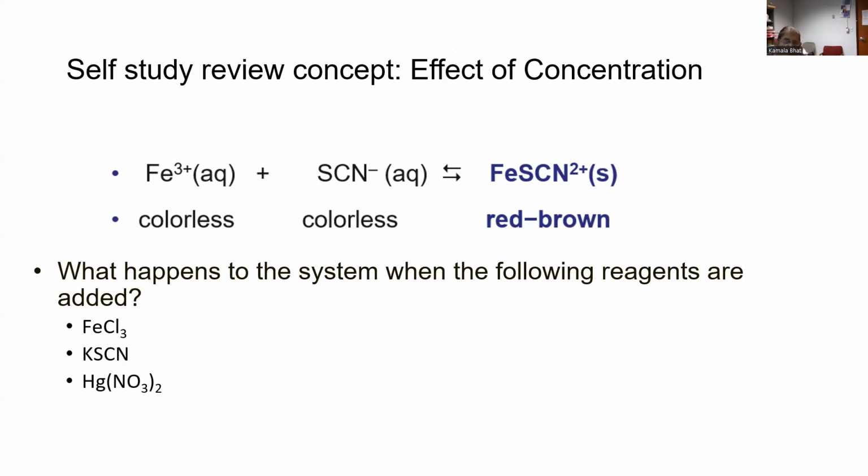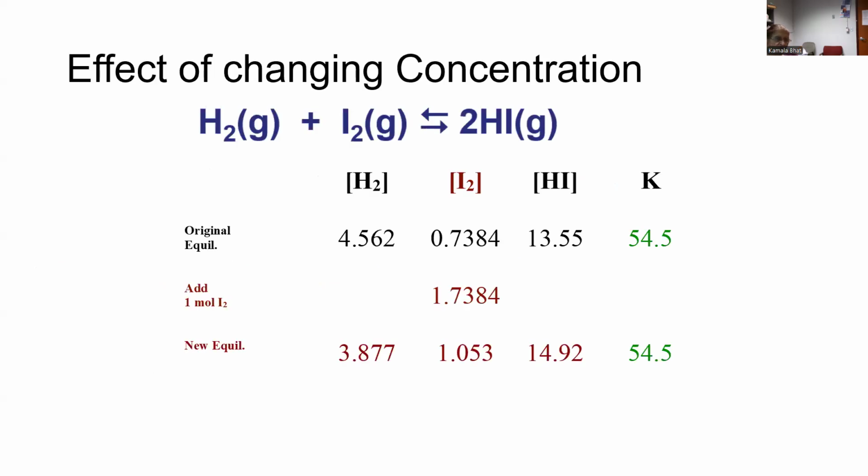You have the ferrothiocyanate reaction, which is a red-brown colored species. And the chemicals that are added are iron chloride, potassium thiocyanate, and a neutral compound. You have to explain what the changes would be. So that's a good question.